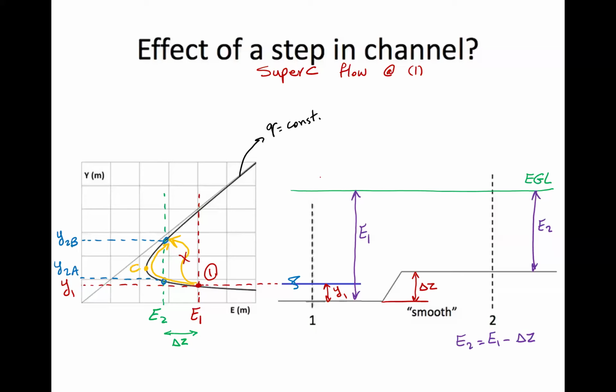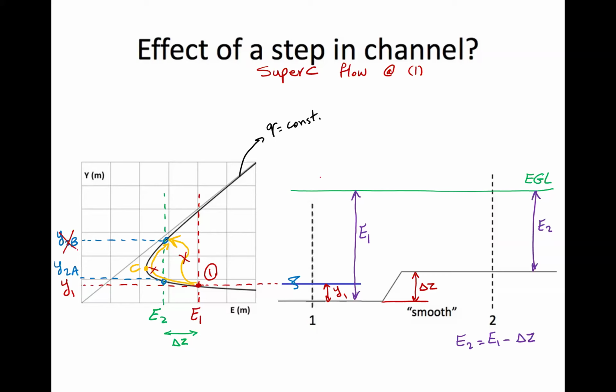And as we said before, for critical flow to form, we need some external changes. We need abrupt changes in geometry. That's the most common case. We don't have that. We assume our step is smooth and gradual. So this path is also out. This is not possible. In other words, we cannot go from 1 to 2B so far based on the assumptions we've made. So 2B is not possible.